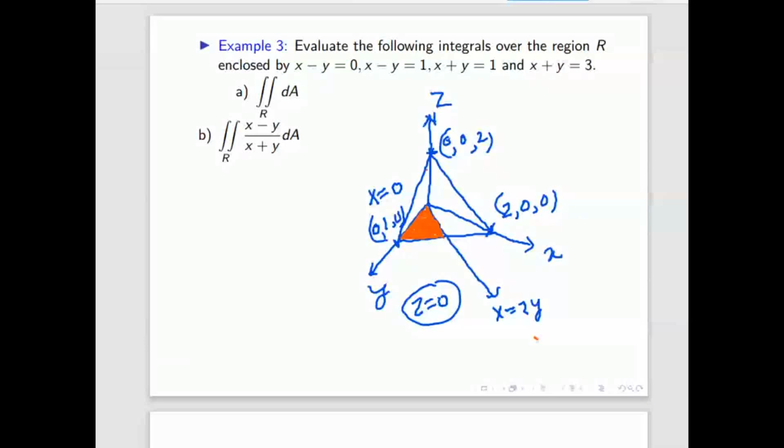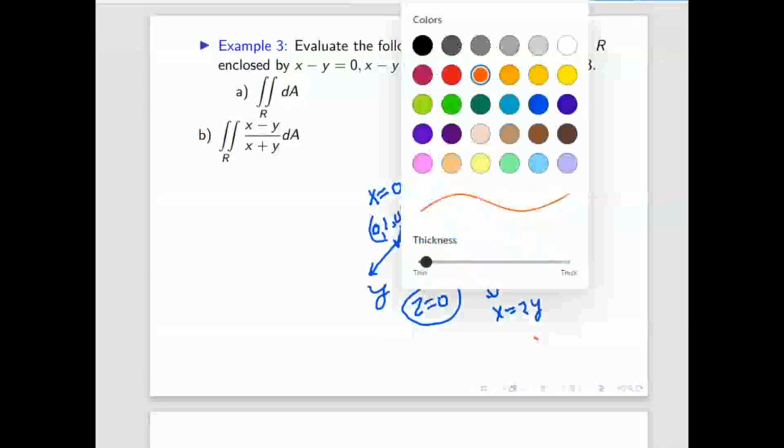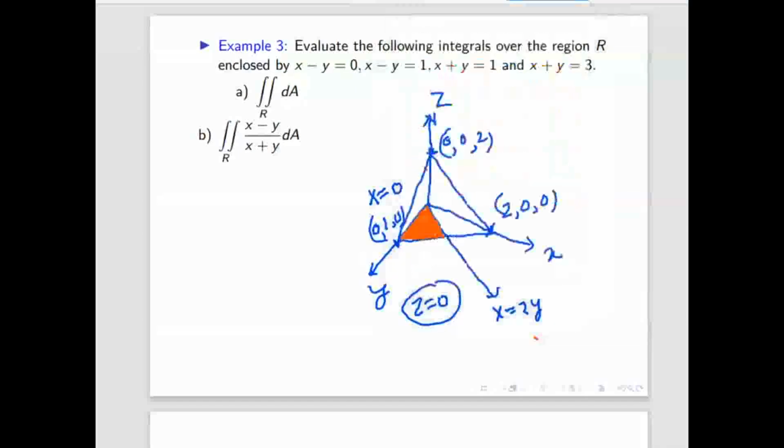This side is this one, because x equal to 0 is the yz plane. So this side is also blocked. The red one is z equal to 0.